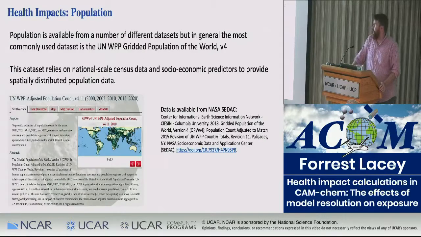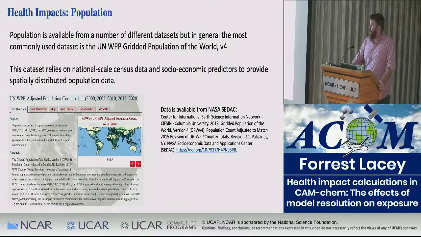So I'm going to start with the first part that goes into this function, and that's the population. Population is really available from a number of different data sets, but the one used for the GBD report is the United Nations World Population Prospects gridded population of the world.